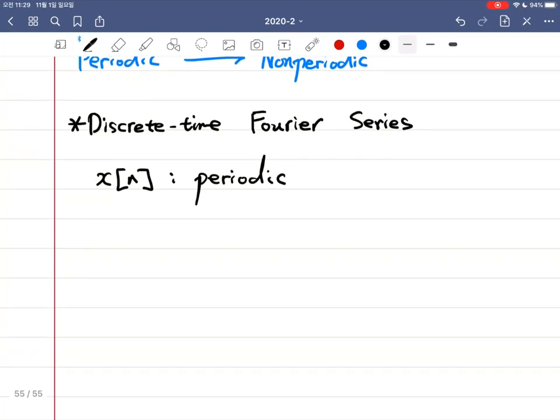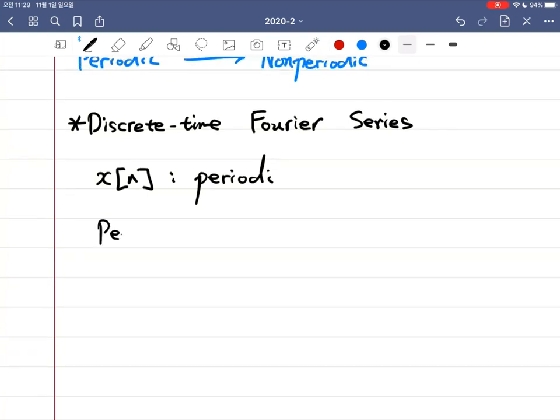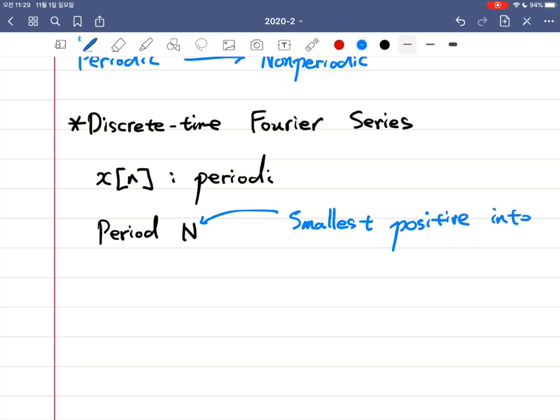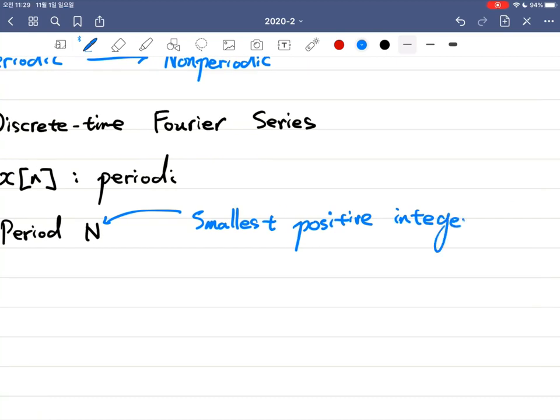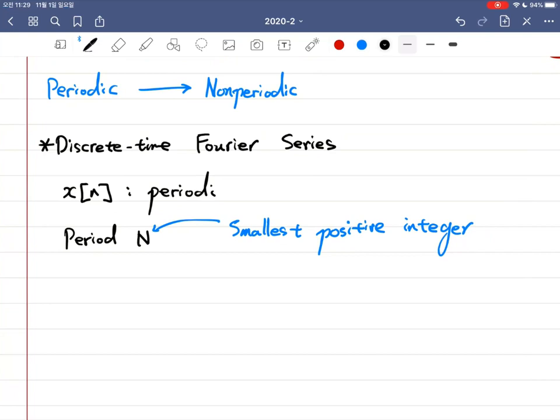And remember that this period, large N, from our introduction, was the smallest positive integer for this discrete time. I forgot to put C here. And what was the fundamental frequency for this x of n?